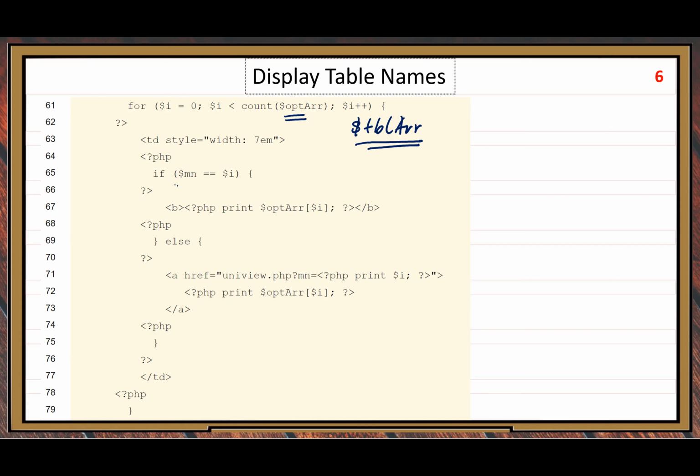If the parameter value equals the current $i value, that means this table name is selected, so we display the table name in boldface. Otherwise, for a table that's not selected, we display a hyperlink, this A element, anchor element, with href UniView.php, but we pass a parameter value to it.